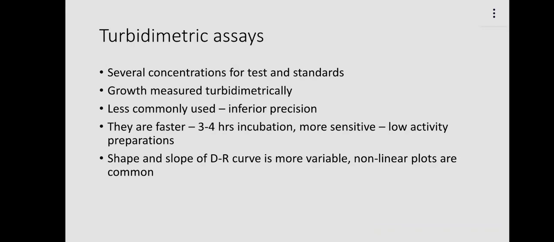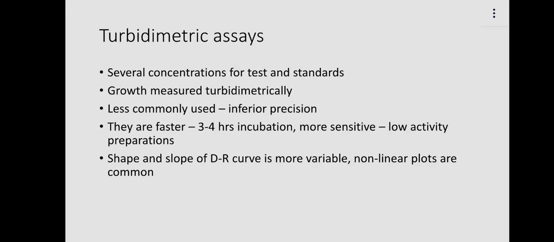So for substances which may not be very potent, maybe during drug discovery, you're trying to see whether an extract contains some antibacterial activity, this would be a good way to detect such activities.